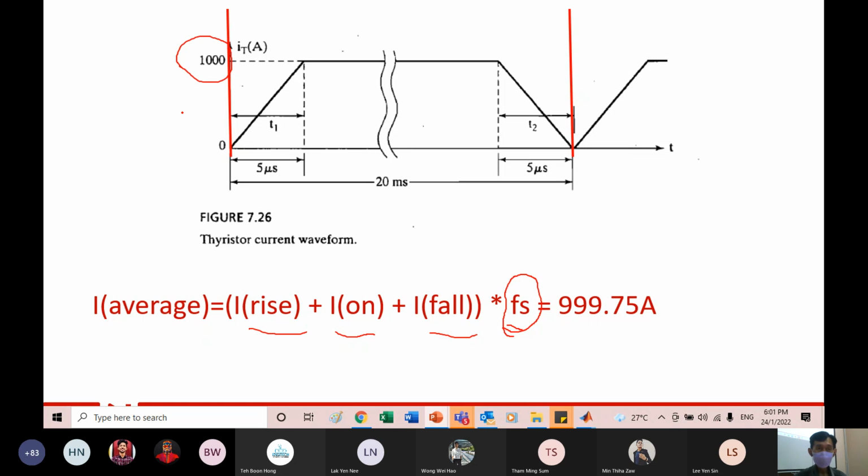That's your average on current. If you divide it by 1000, there will be your efficiency, 99%. You cannot get back 1000. If you get back 1000, something is wrong already. Energy conservation, there will be some form of losses.